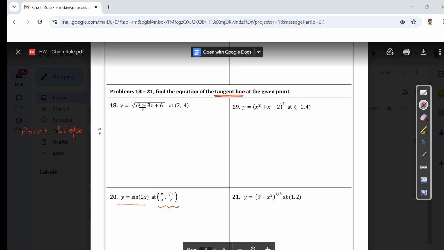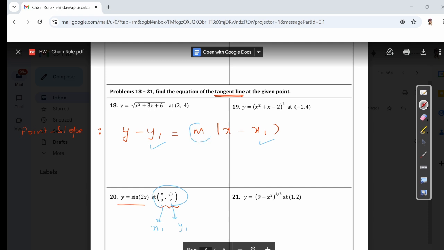Point slope form is given by y minus y1 is equal to m times x minus x1. Why are we using this form? Because we know that the tangent line is passing through this point. So this is x1 and this is y1. Okay, so you know the value of y1 and x1.